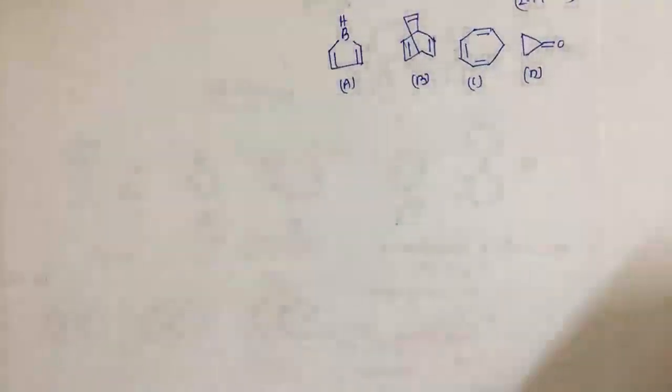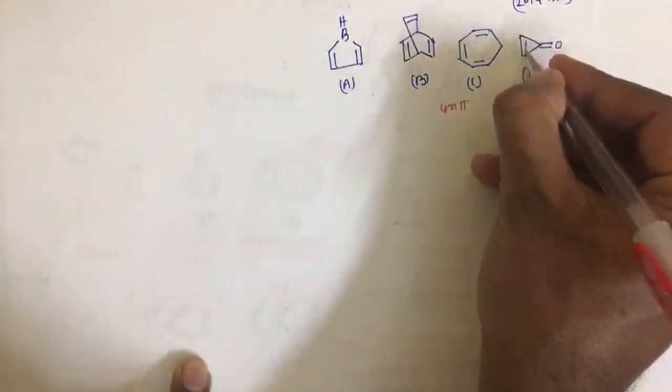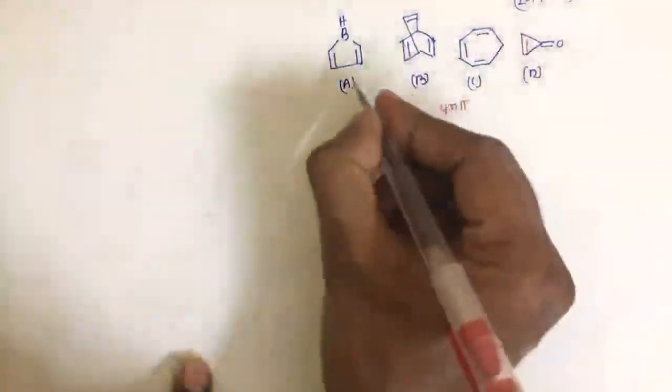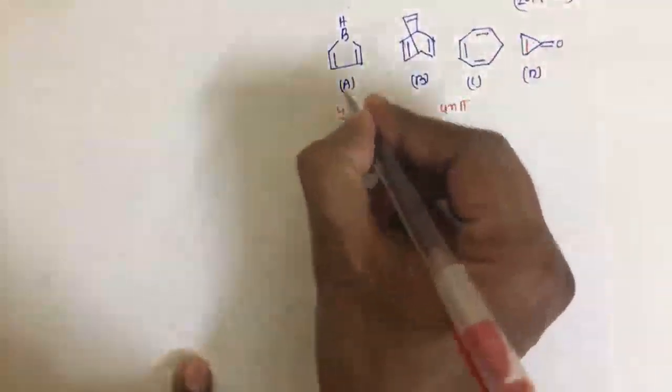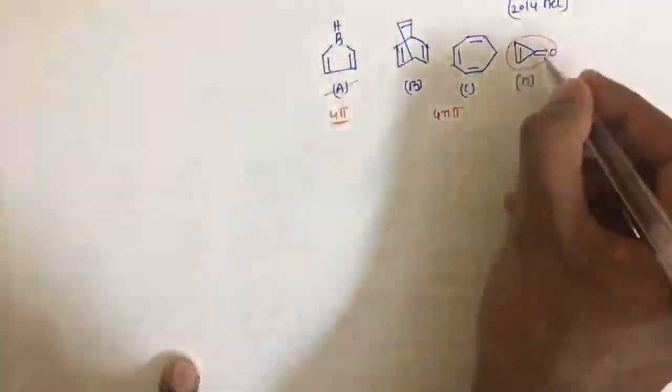So for anti-aromatic, we have to see the 4n pi system. Okay, so here we have 4 pi electrons. So this is a 4n pi system. This is anti-aromatic, and this compound is aromatic.